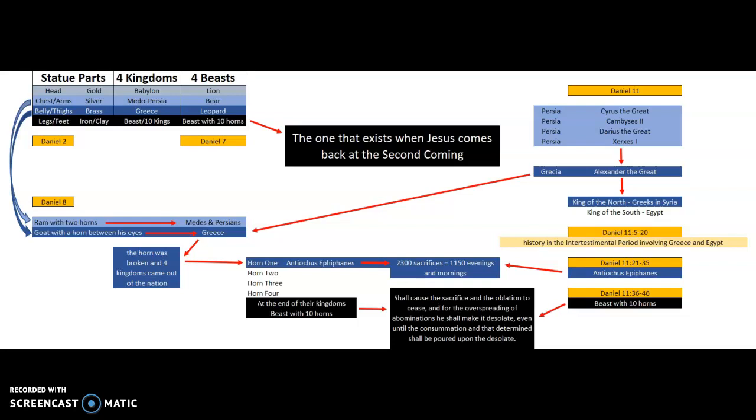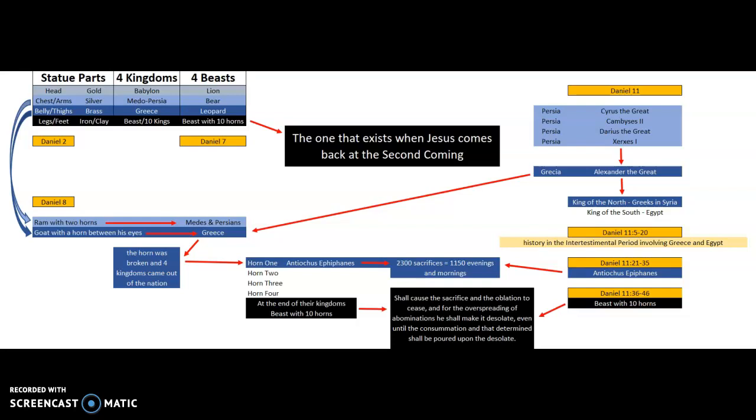When you continue in Daniel 11, it continues to give a historical account of the king of the north, which is the Greek Empire in Syria, north of Israel, and the king of the south, which relates to the Ptolemaic Empire in Egypt. In the next verses, Daniel 11, 5 through 20, it's giving you a historical account of the Greek Empire and the Egyptian Empire during the intertestamental period.